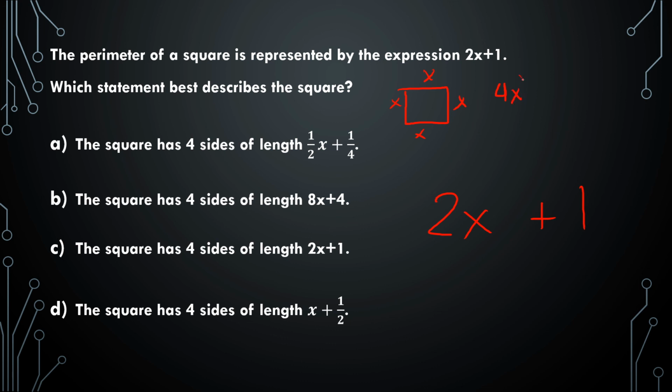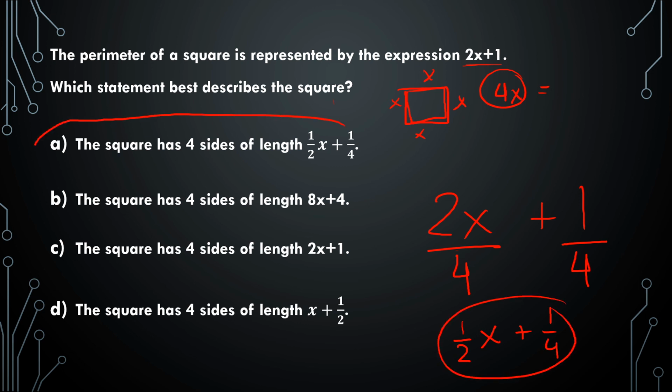So the opposite of multiplying by 4 is going to be dividing by 4. So if I take both of these numbers and divide them by 4, 2 over 4 simplifies to 1/2, and I have my x. And 1 over 4 just stays the same, which means that the square has 4 side lengths of 1/2 x plus 1/4.